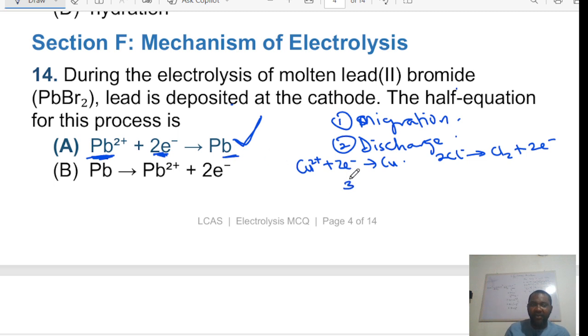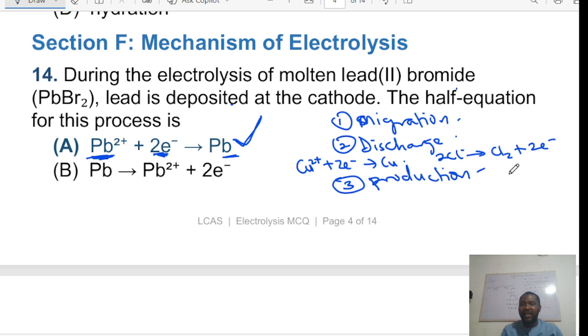And you should not forget the end product of electrolysis, which is the third process in the mechanism: there will be production. That means the purpose of electrolysis is the production of gases or metals. I've already mentioned that gases are usually produced at the anode, and at the cathode, what is usually produced are metals.